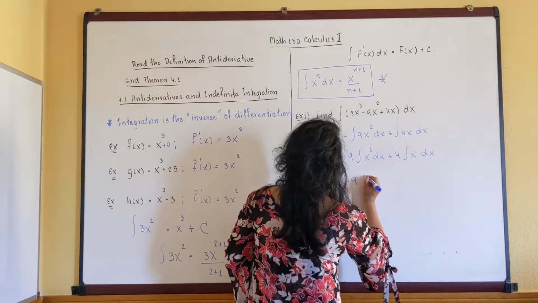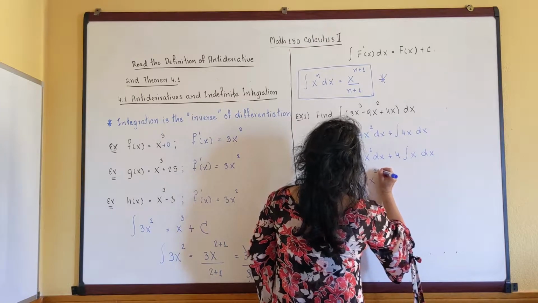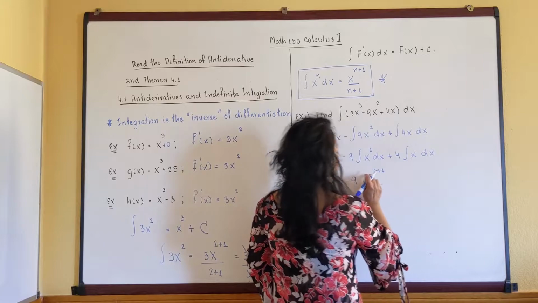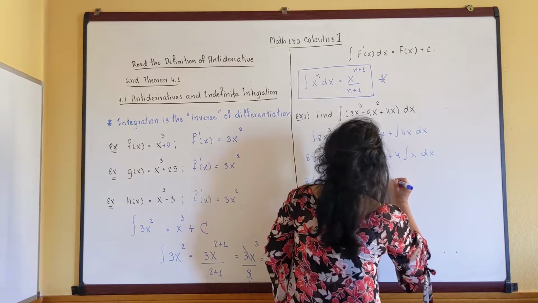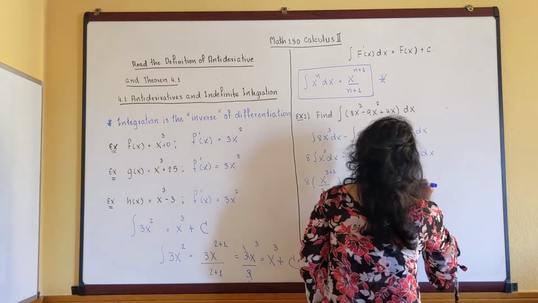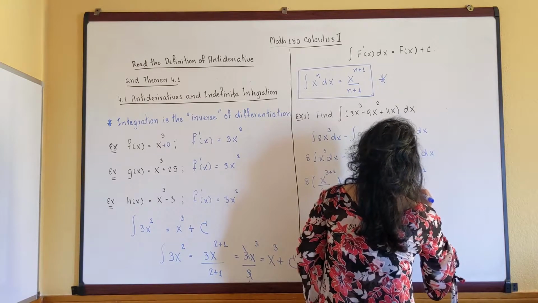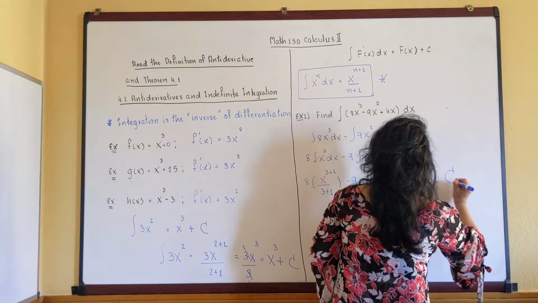Minus 9, the second term, I'm going to have x to the 2 plus 1 over 2 plus 1. And the last term, this is just the first power, so I'm going to have x to the 1 plus 1 over 1 plus 1, and don't forget the capital C.